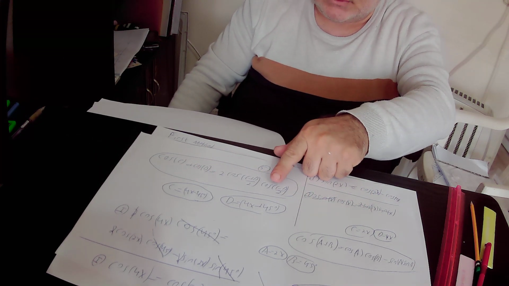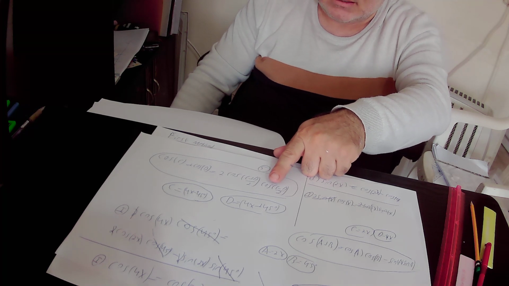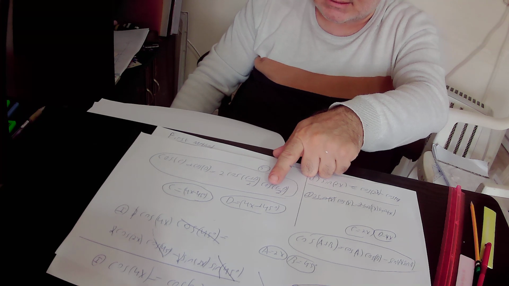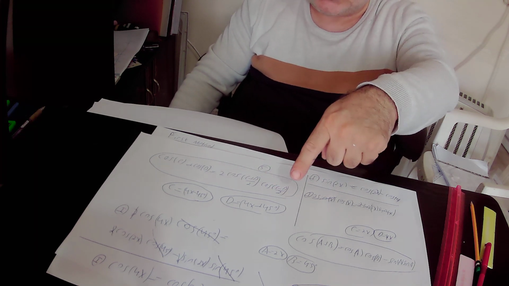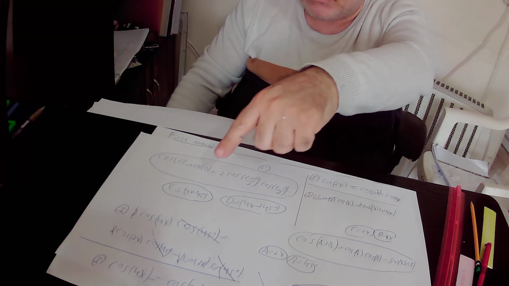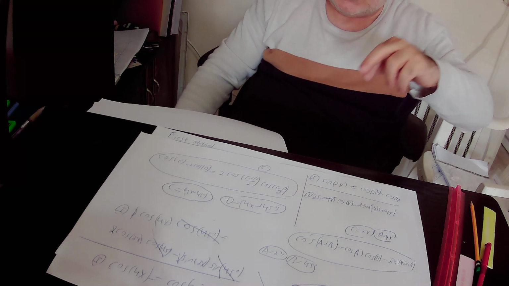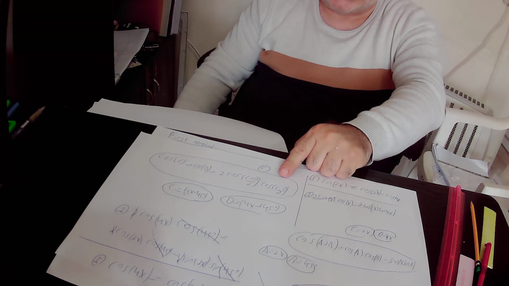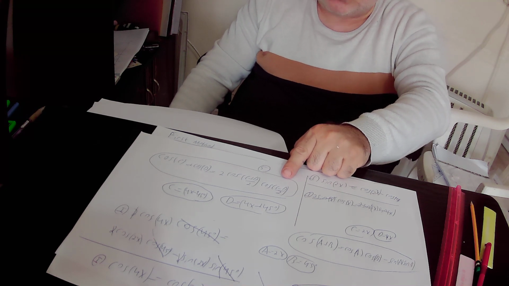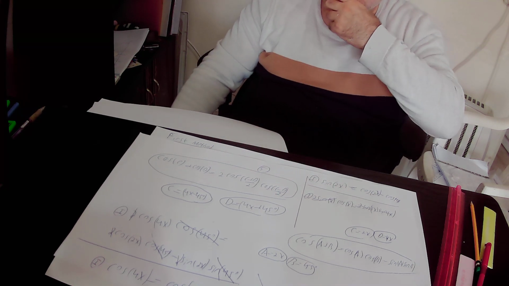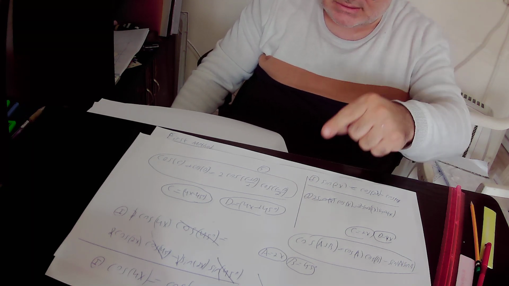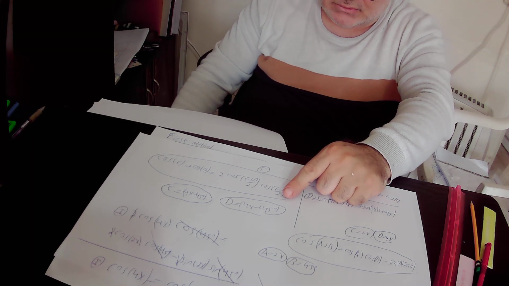So cosine C plus cosine D equals 2 cosine C plus D over 2. C plus D over 2 is 4x plus 4x is 8x, and 8x over 2 is 4x. And 45 degrees minus 45 degrees is 0. So we are left only with 4x: 2 cosine 4x. And we also have to multiply it by cosine C minus D over 2. C is 4x minus 45 degrees and D is 4x plus 45 degrees.